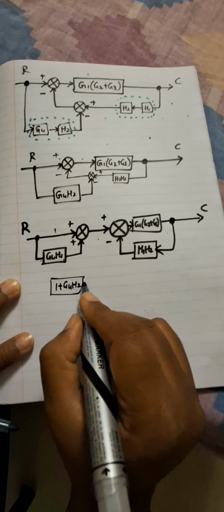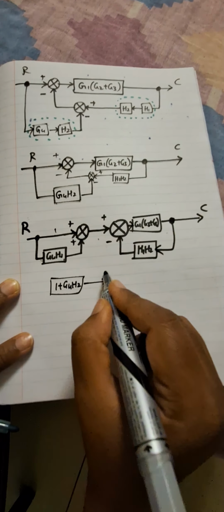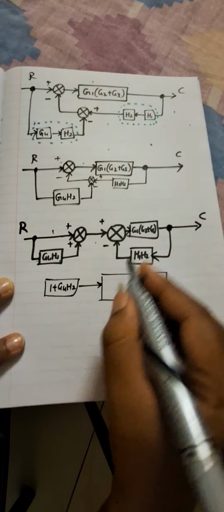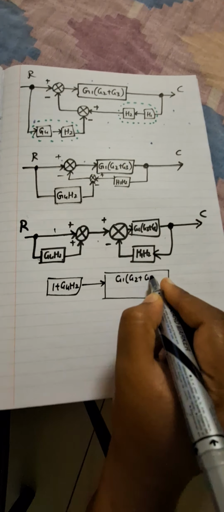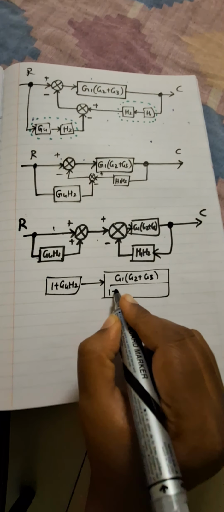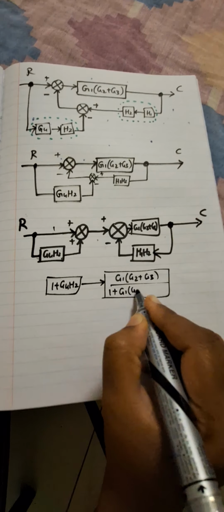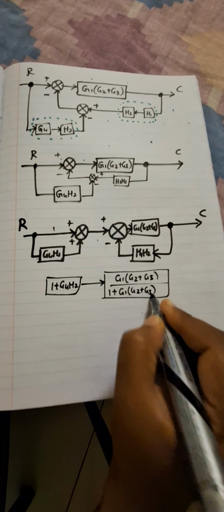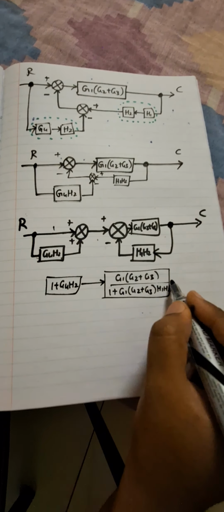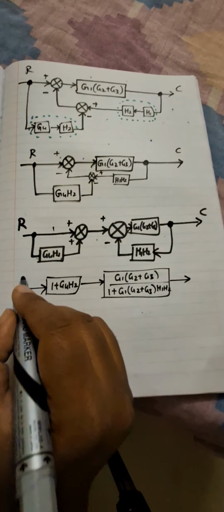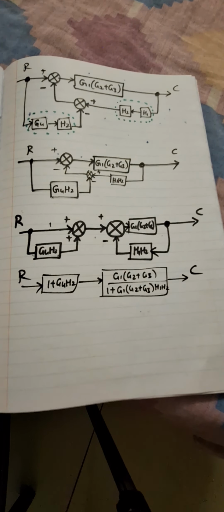So summation is gone. Then this one I am writing as G by 1 plus GH. What is G? G1 into G2 plus G3, by 1 plus G1 into G2 plus G3 into H. G I wrote, H is H1 H2. So this is my block. This is R, this is C. Now these two are in series, so I should multiply.